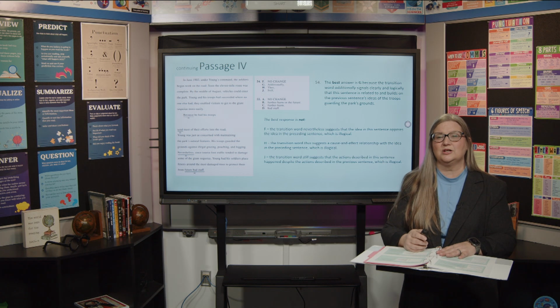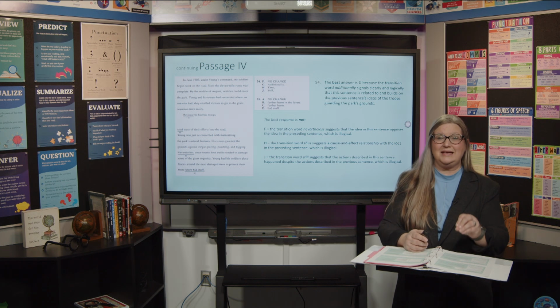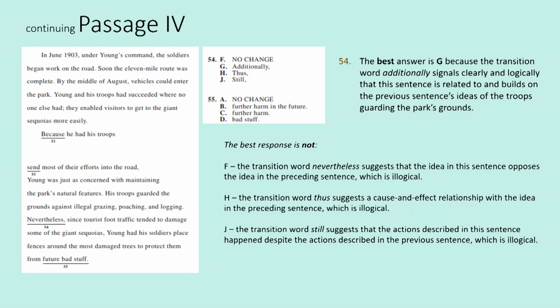Let's look at why these other responses are not the best answer. So F, the transition word nevertheless suggests that the idea in this sentence opposes the idea in the preceding sentence, which is illogical. The transition word thus in response H suggests a cause and effect relationship with the idea in the sentence, which is also illogical.